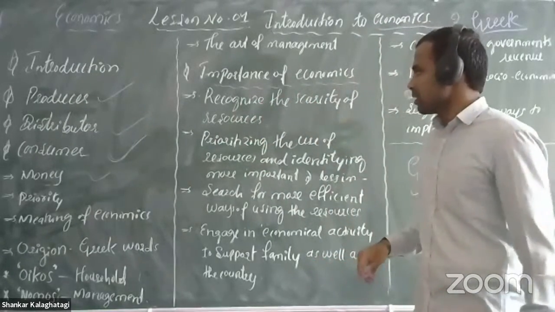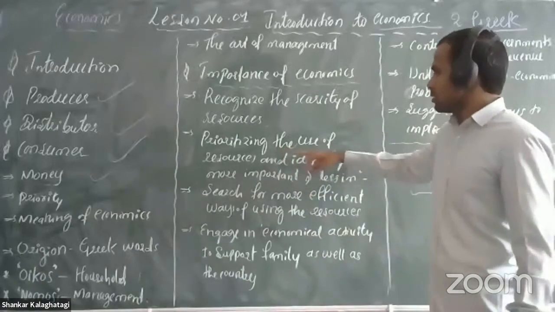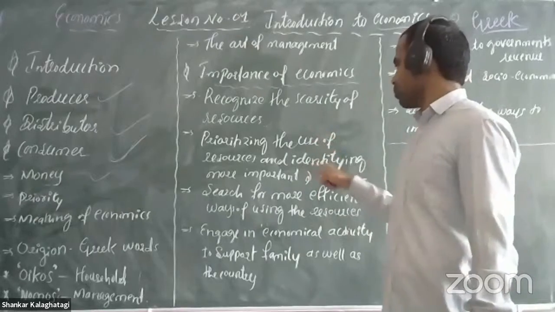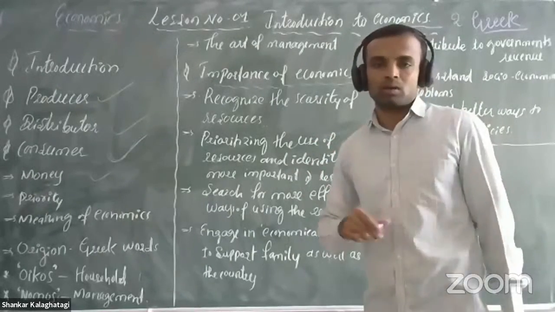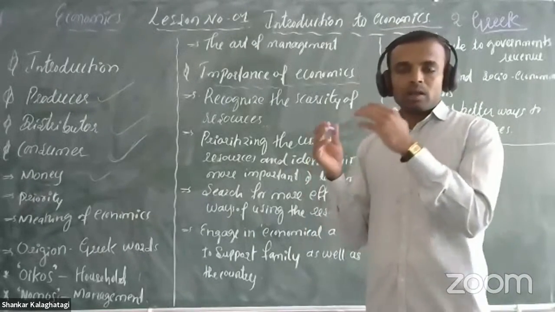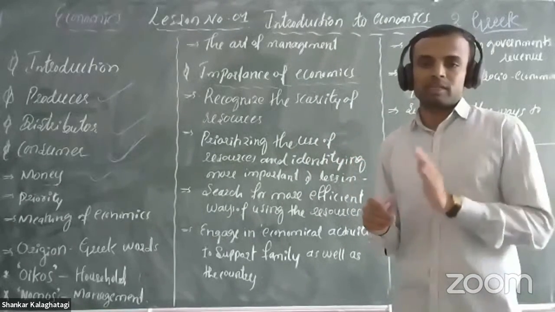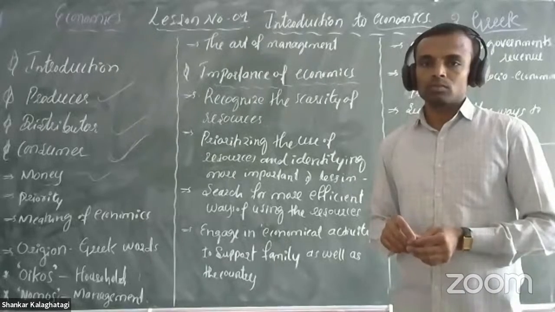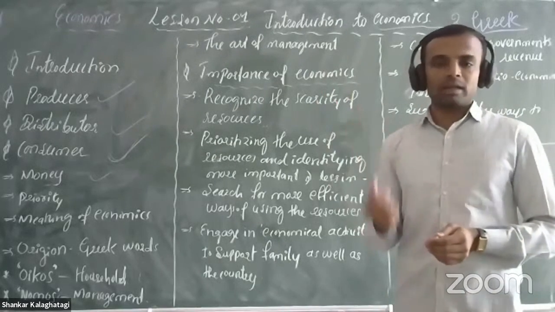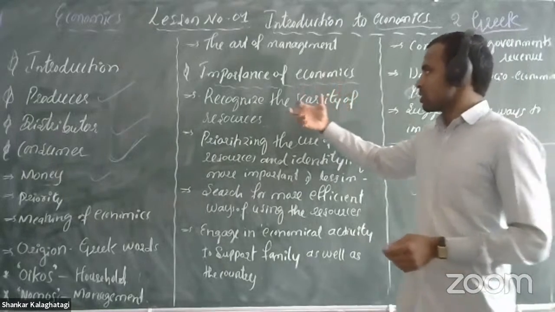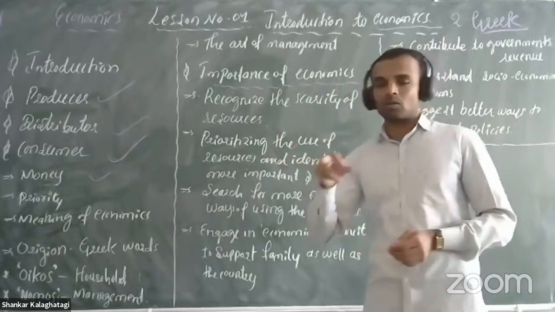The second is prioritizing the use of resources and identifying the more important and less important. It helps to identify which is essential and which is not. I took an example in the beginning about recognizing the scarcity of resources for a cotton industry.